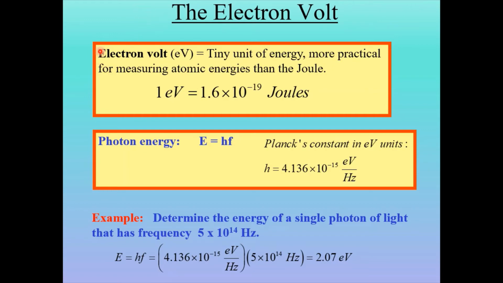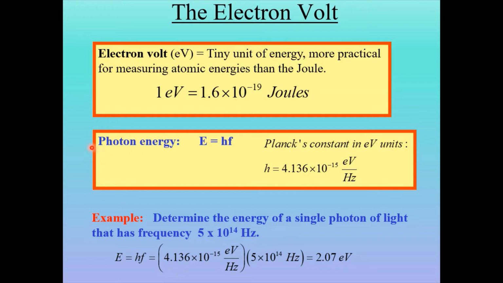The electron volt, or eV, is a tiny unit of energy that's more practical for measuring atomic energies compared to the joule. One eV, one electron volt, is equal to 1.6 times 10 to the minus 19 joules. So you can see that an eV is an extremely tiny amount of energy.